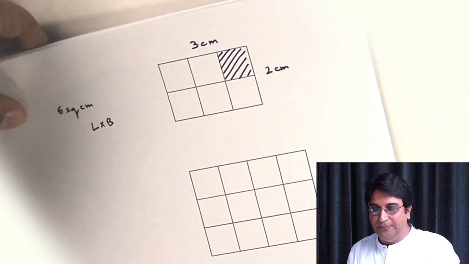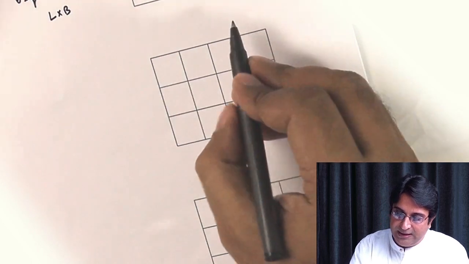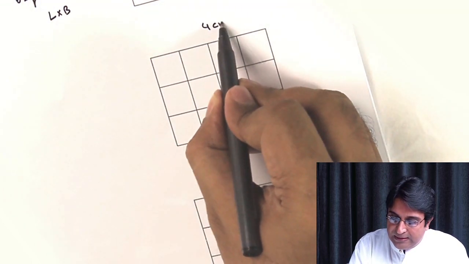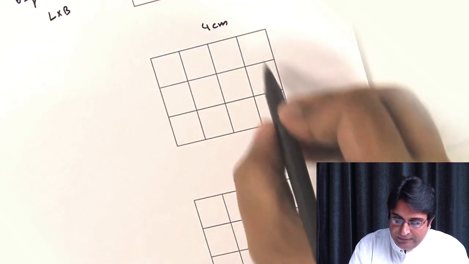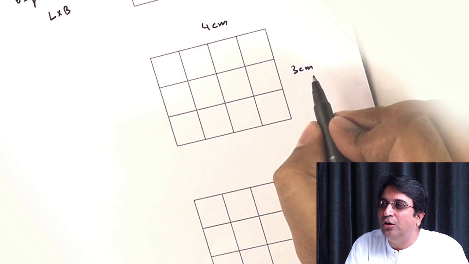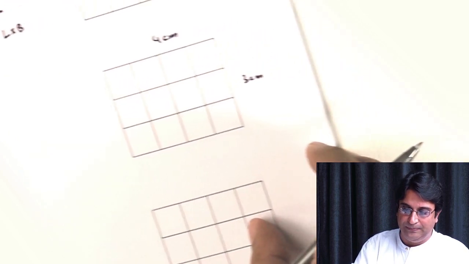In a similar manner, let us look at another rectangle. Now this rectangle has 1, 2, 3, 4 centimeters along the length and 3 centimeters along the breadth. Generally the longer side is named the length and the shorter side is named the breadth.